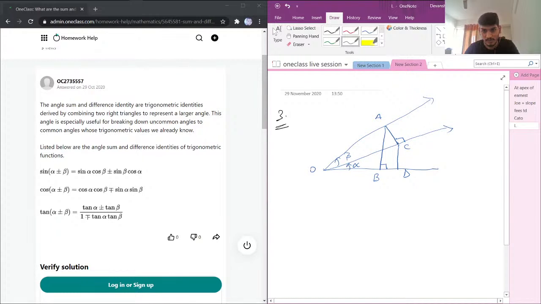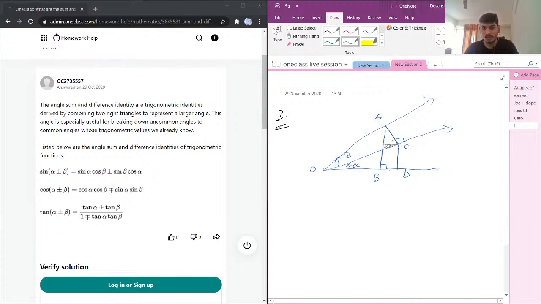If I draw one perpendicular on this line, then as these two lines are parallel, with the alternate interior angles identity, I can say if this angle is alpha, then this smaller angle is also alpha.